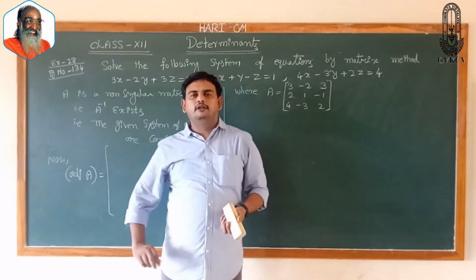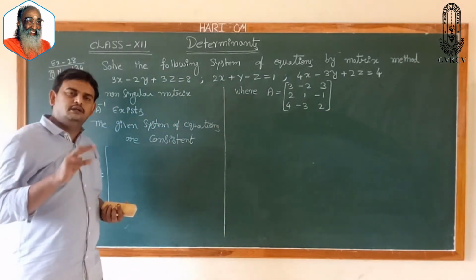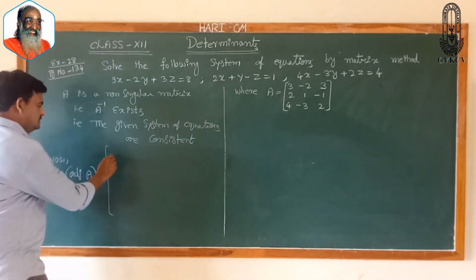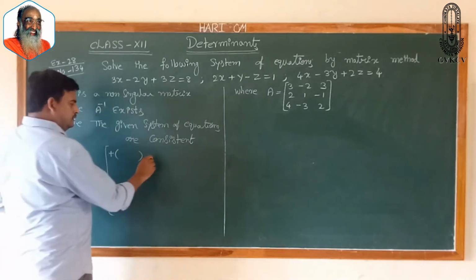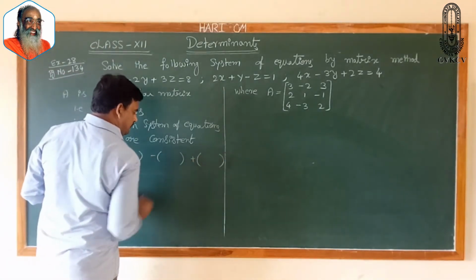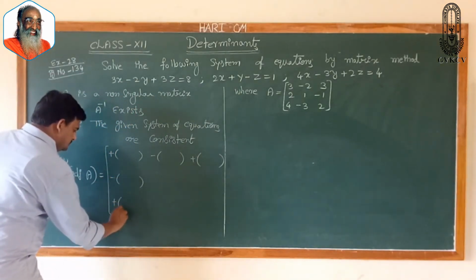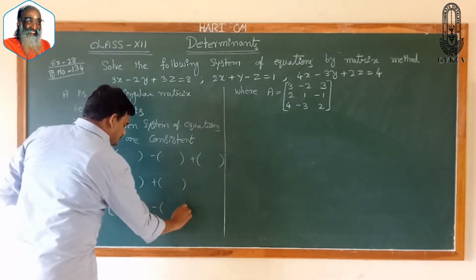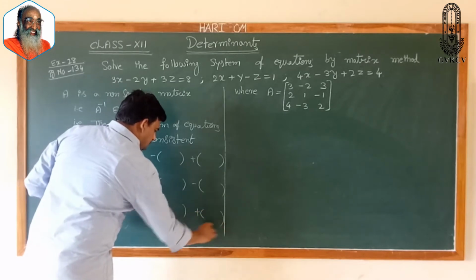Now directly I am finding the cofactors. While finding the cofactor, we know that the signs will come alternately. So first here I will get plus. Here I have some value. Next I have minus. Next I have plus. Again here minus, plus, plus, minus, minus, plus.